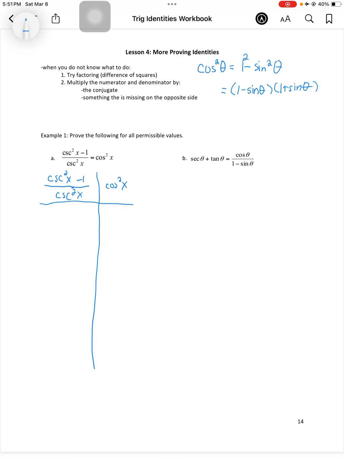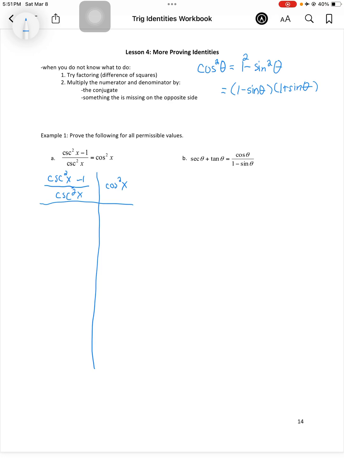So I'm going to change the left-hand side. Before you jump into changing into sines and cos, what you should look for first is, can I change anything? Normally, it's usually a formula on your formula sheet that you could change.